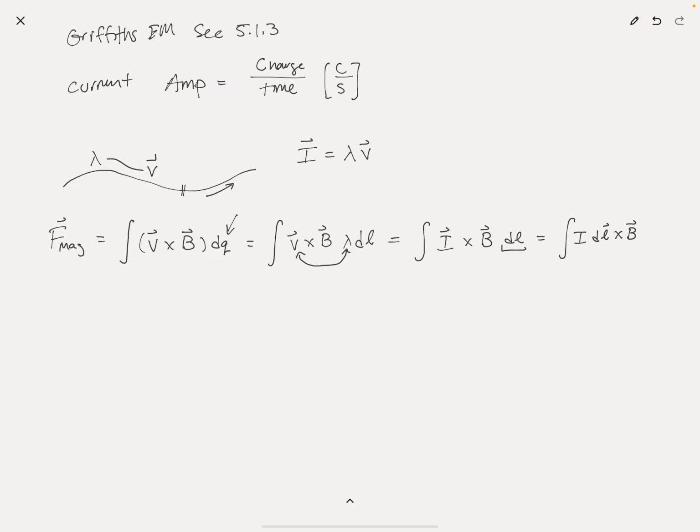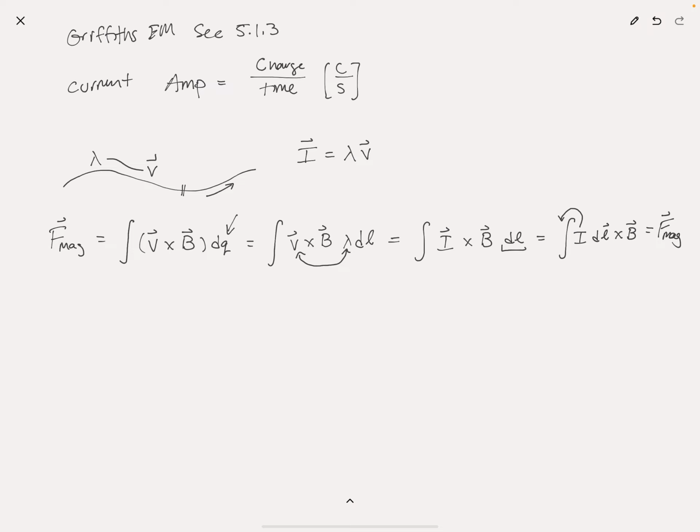And if the current is constant in magnitude, which it often is, I can take it outside of this integral. So I can calculate the magnetic force that a wire carrying a current in a magnetic field feels.